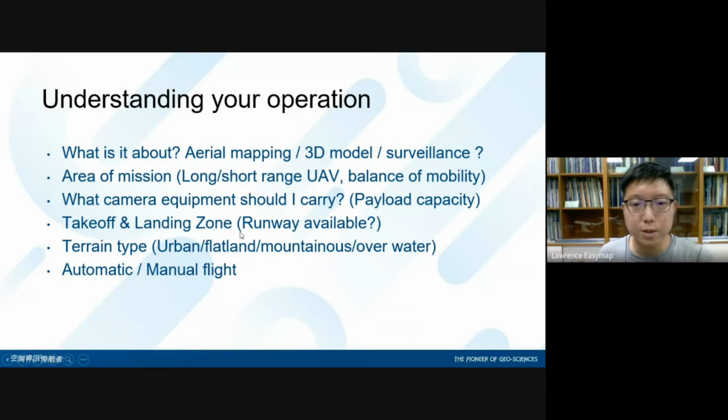If there is no takeoff area, you may consider a multi-rotor UAV or a VTOL. Then the type of terrain: are you going to fly inside an urban area, over flatland, a mountainous area, or over water? This is also related to the type of equipment you need to choose. And the last one is very important: whether you can operate your UAV automatically, or will it be a manual flight?